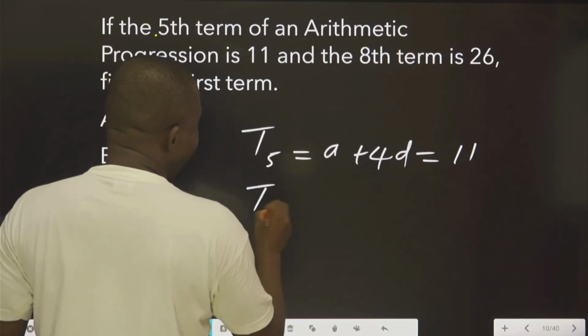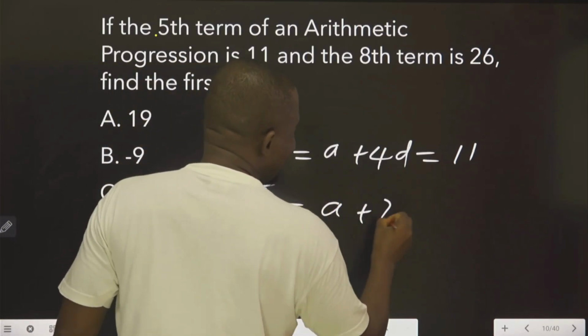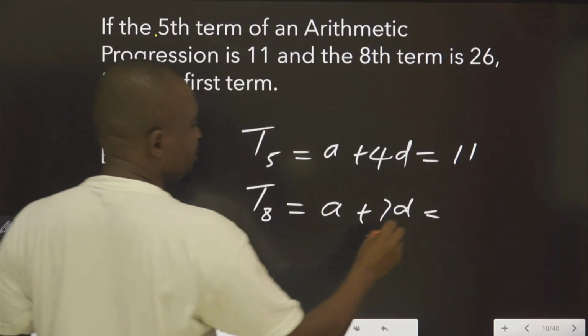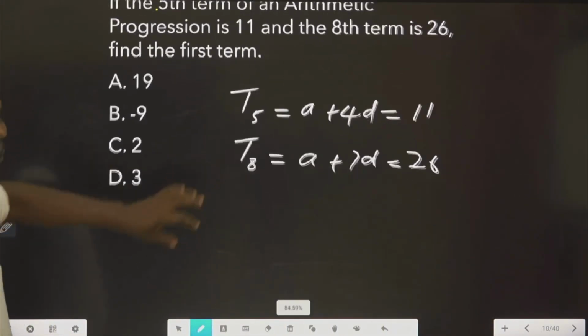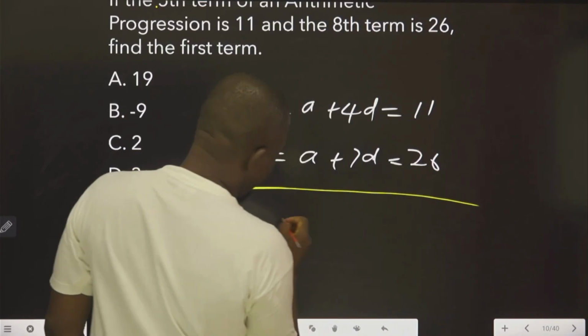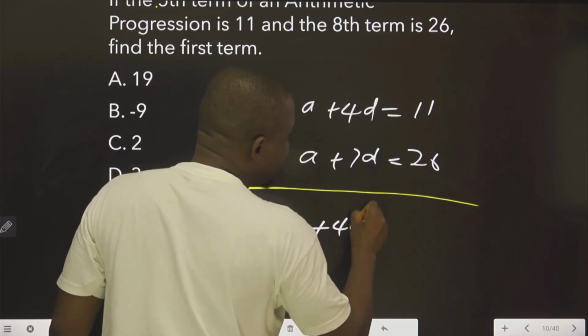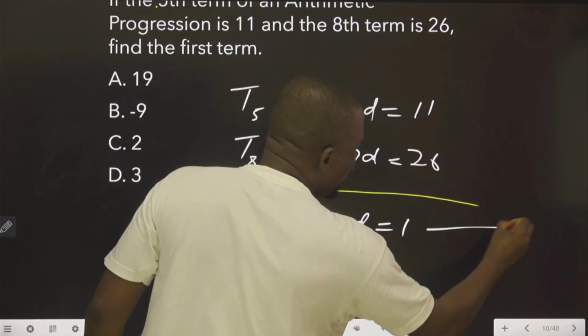Again, the seventh term, that is A plus 6D, equals 26. We should find the first term. No problem. Therefore A plus 4D equals 11 is our equation 1.